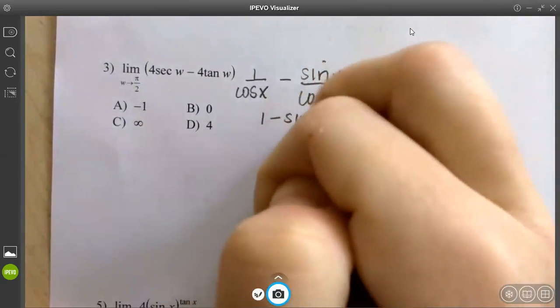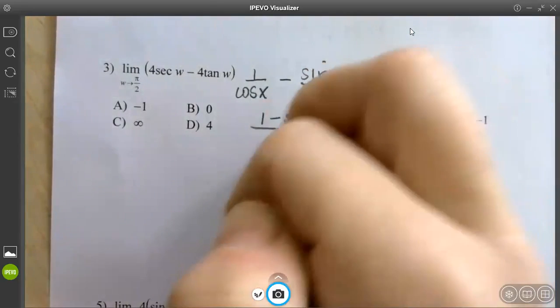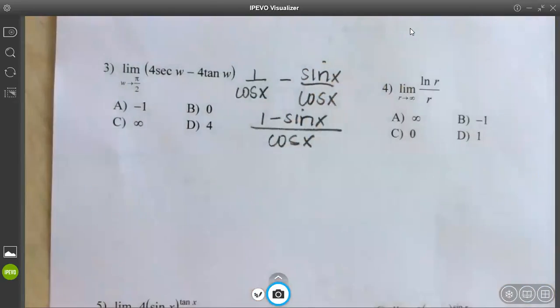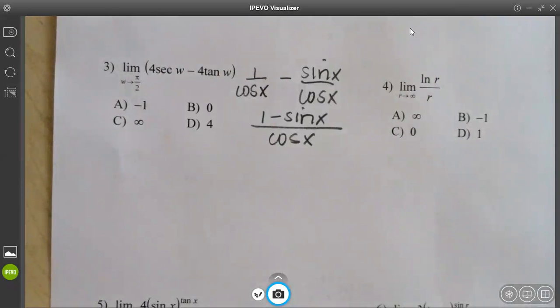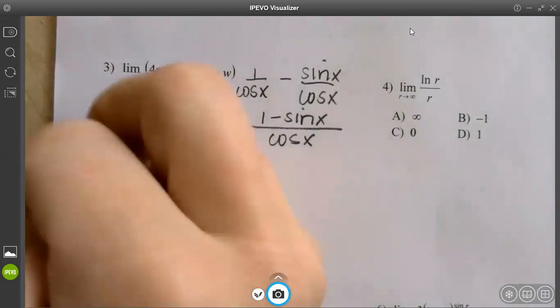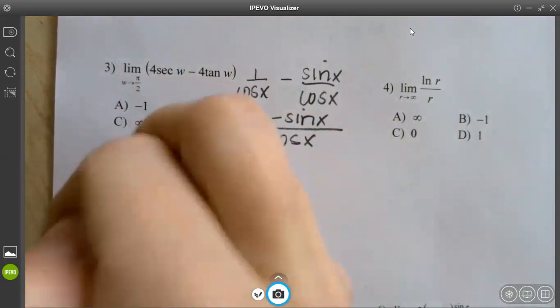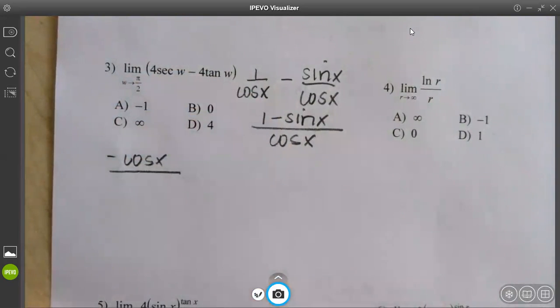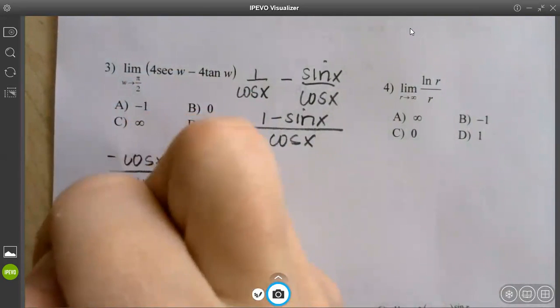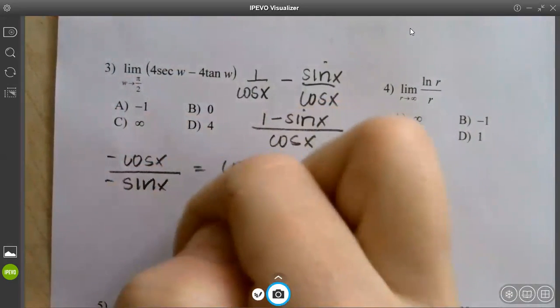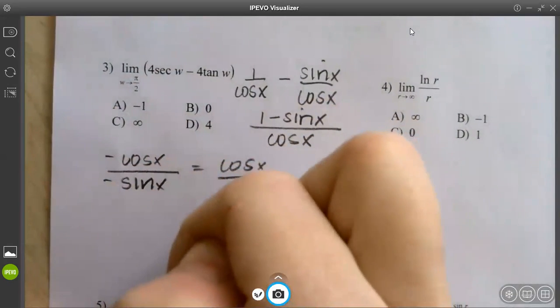So we can just write that together. 1 minus sine X over cosine X. Once we get it simplified, we're going to take the derivative. What is the derivative of 1 minus sine X? Negative cosine X. Derivative of cosine X, which is the same thing as cosine X over sine X.